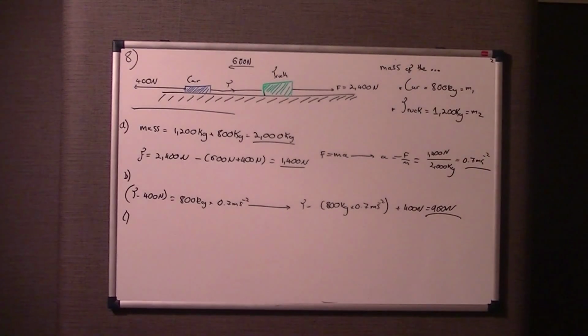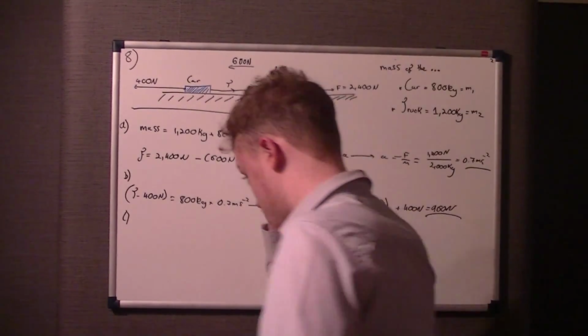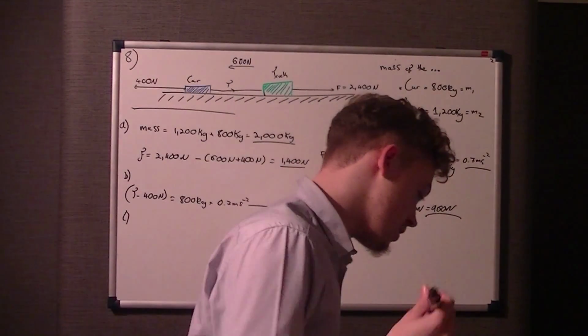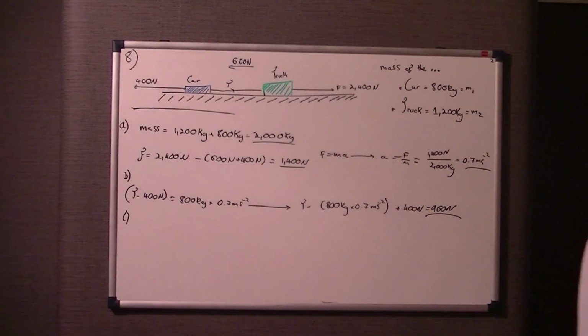Anyway, the first thing I'm going to do is consider if the rope had broken. Obviously this is going to be the one with the smaller time. So the way we do this is we work out the acceleration, and then we use simple SUVAT equations to work out the time it would take.